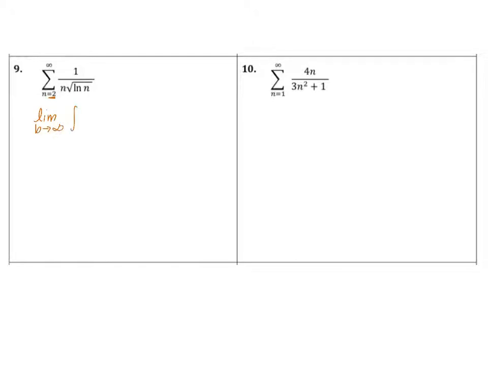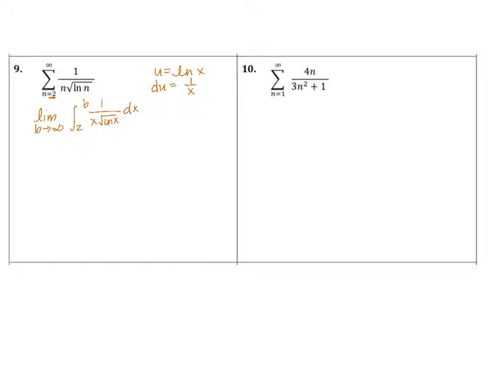So I'm going to start from 2 to b of 1 over x times the square root of the natural log of x dx. And that is looking like we're going to have to do probably a u sub. I would let u be natural log of x, so du is going to be 1 over x.